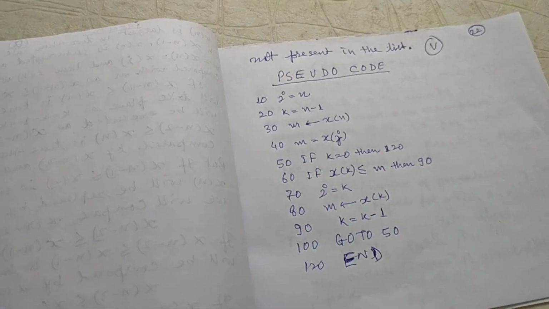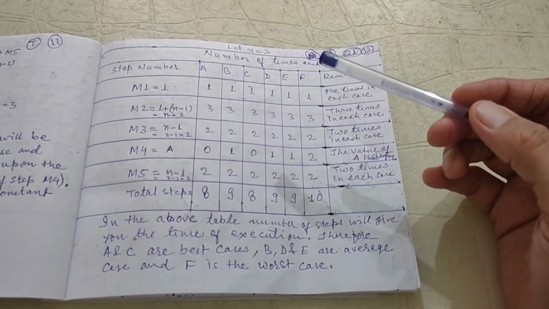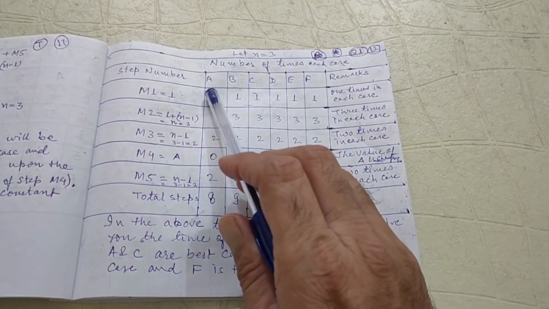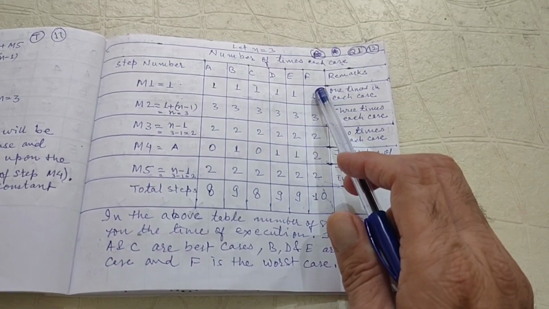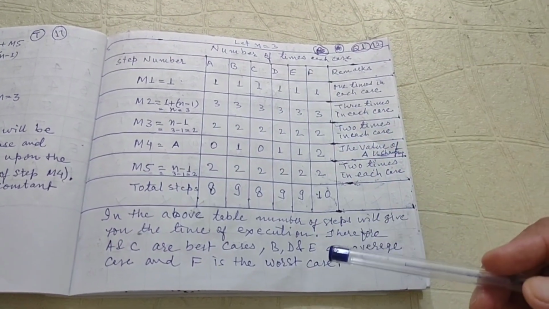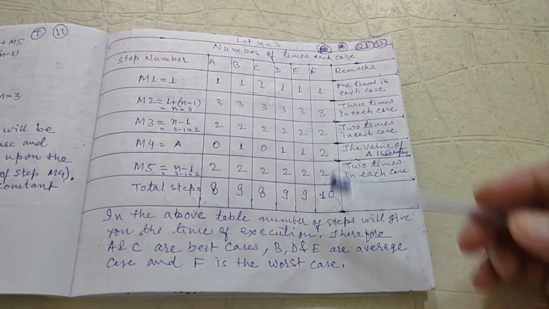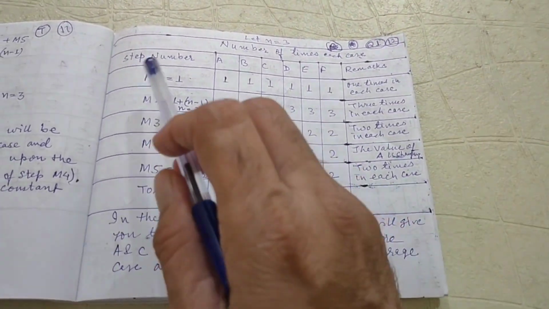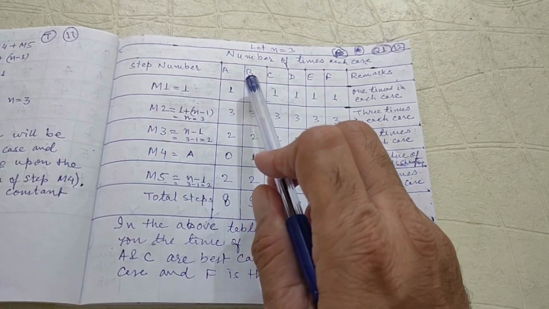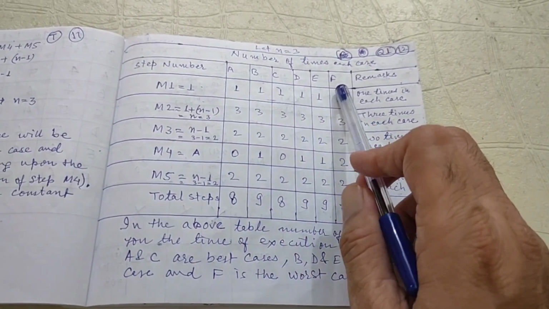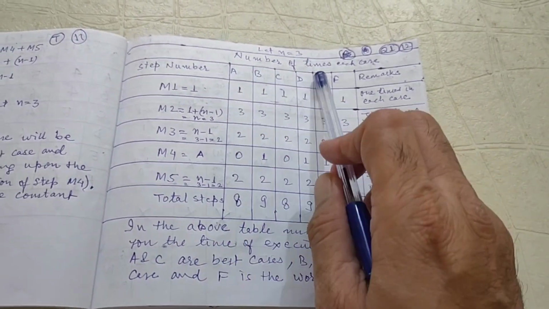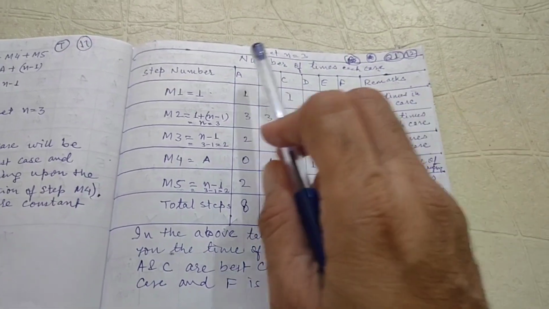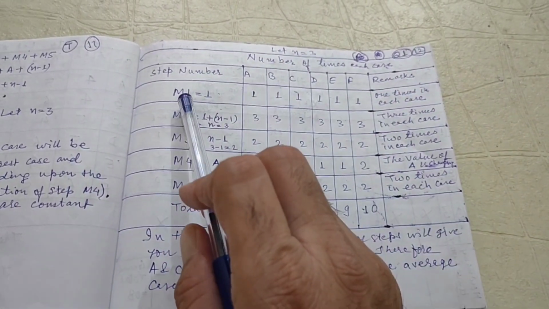So in this whole process of cases A, B, C, D, E, F, we have generated this data structure, this table, with the number of times each step runs in each case, where n is equal to 3.